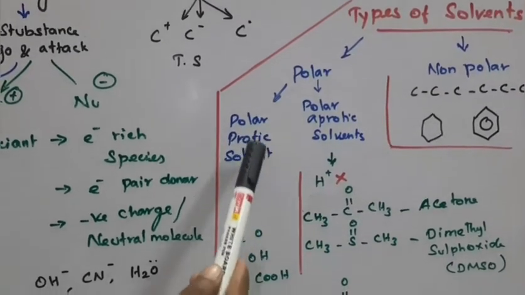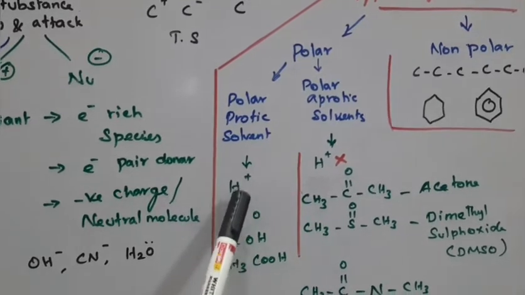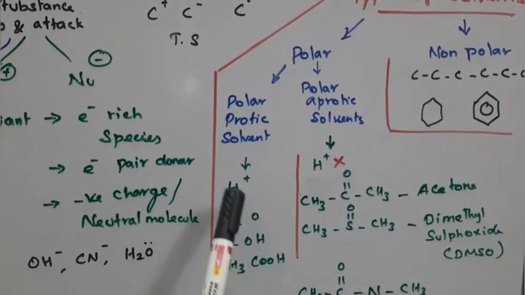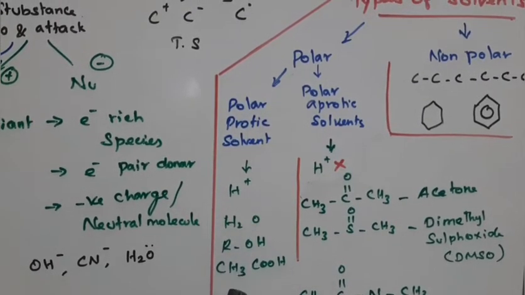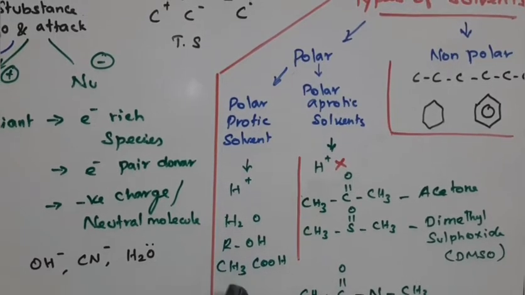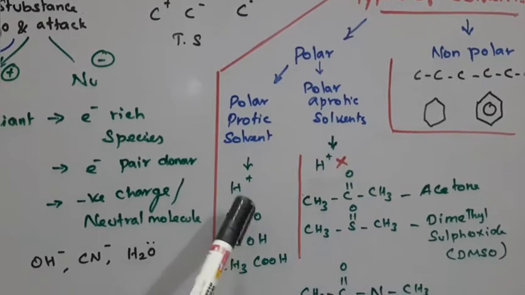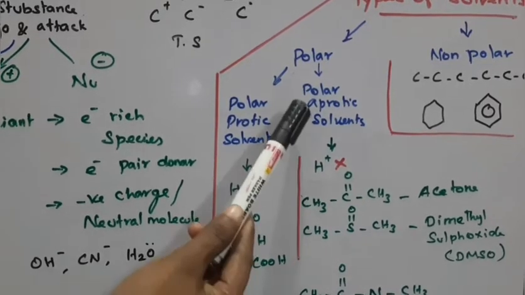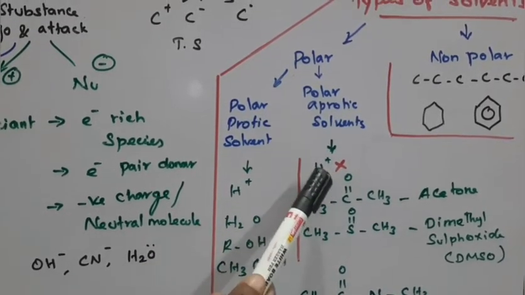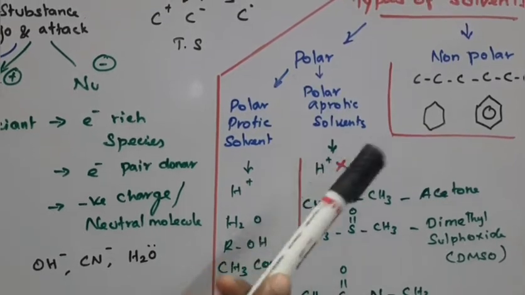Polar protic solvents produce H plus ions, for example water, alcohol, and acetic acid. They dissolve easily in water and produce H plus ions. Aprotic solvents do not produce any H plus ions.